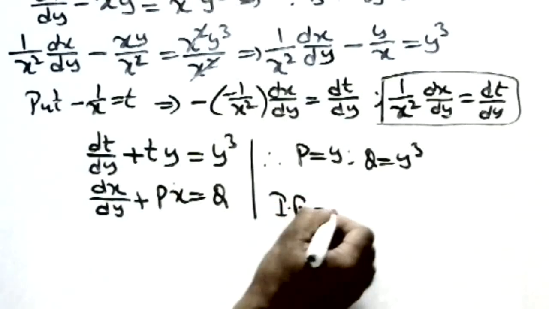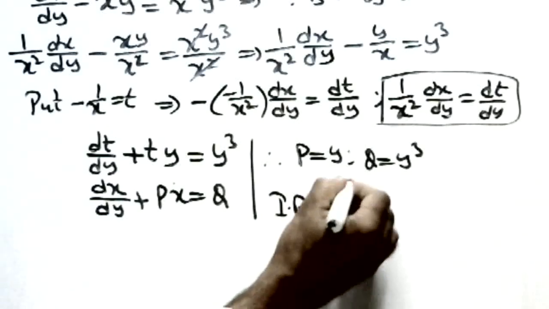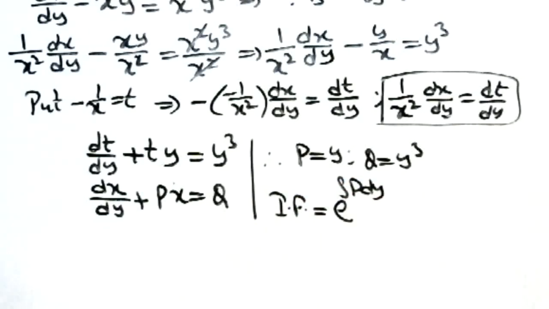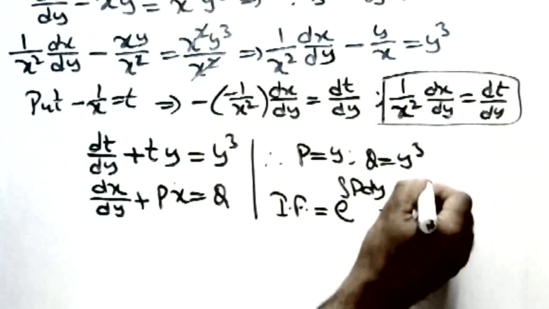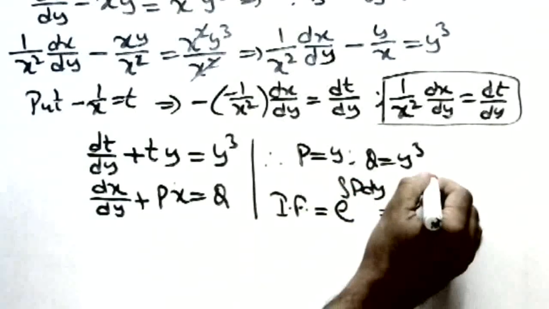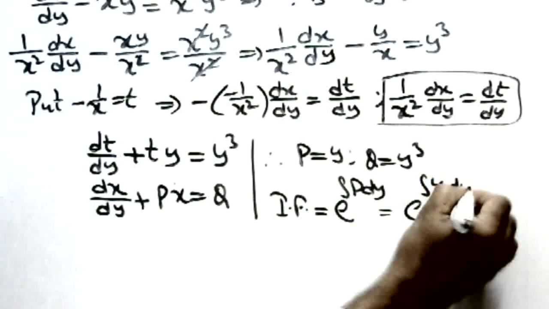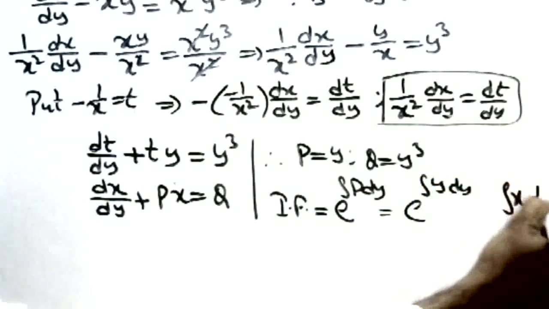Now let me first use the formula: integral factor equals to e to the power of integration p dy. We are changing everything. In place of x we are writing y, and in place of y we must write x according to the previous method. Now see here, equals to e to the power of integration p, the value of p is y, dy.